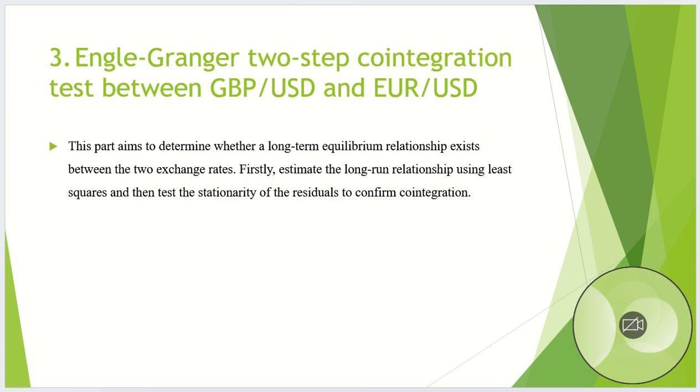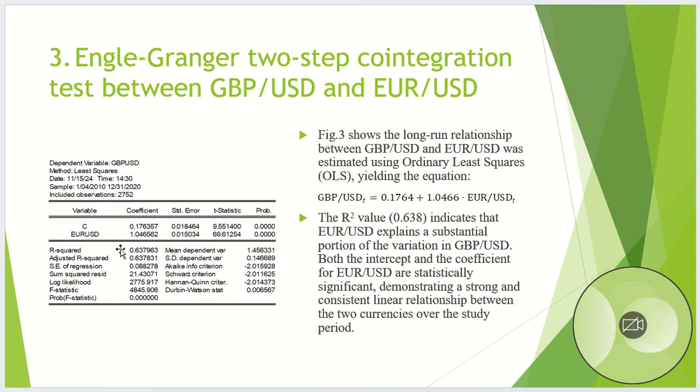The next step, we employ the Engle-Granger two-step co-integration test between GBP/USD and EUR/USD. This part aims to determine whether a long-term relationship exists between the two exchange rates. Firstly, we need to estimate the long-term relationship using least squares and then test the stationarity of the residuals to confirm co-integration.